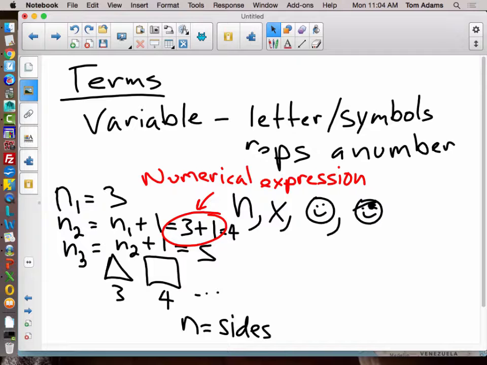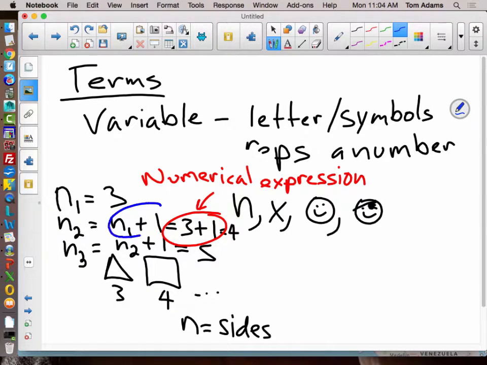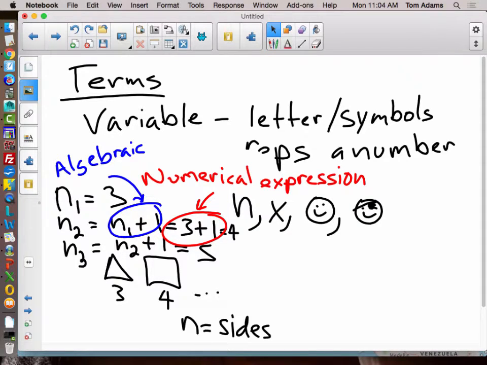But this is Algebra 2. So we would call this an algebraic expression. So algebra is really about taking letters and letting them represent numbers that we don't know and manipulating them using all the rules of math and getting the variables by themselves and solving most of the time.